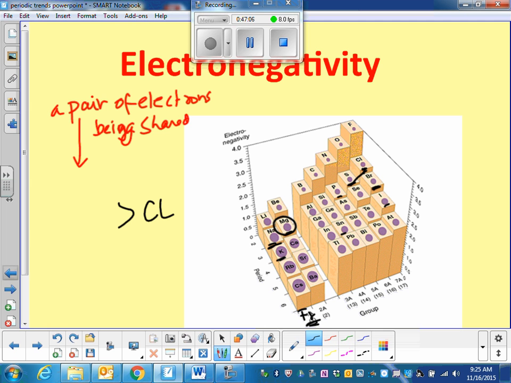Between sulfur and bromine, which is smaller in size? It'll be sulfur and then bromine. But actually this one shows bromine is slightly higher than sulfur. Do you see that?